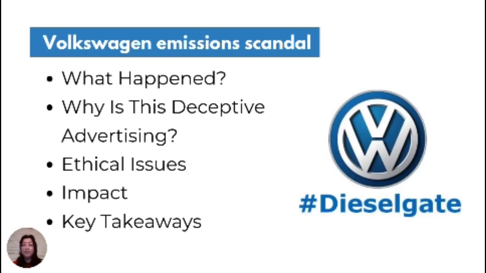However, in 2015, it was discovered that Volkswagen had installed software in their cars to cheat emission tests. When the cars were tested for emissions, the software would reduce emissions temporarily to pass the test. However, on the road, these cars emitted far higher pollution levels, up to 40 times the legal limit.